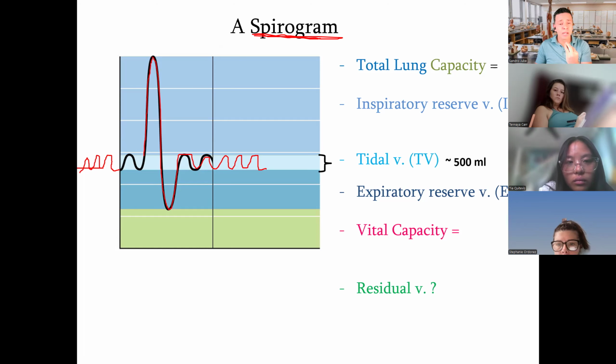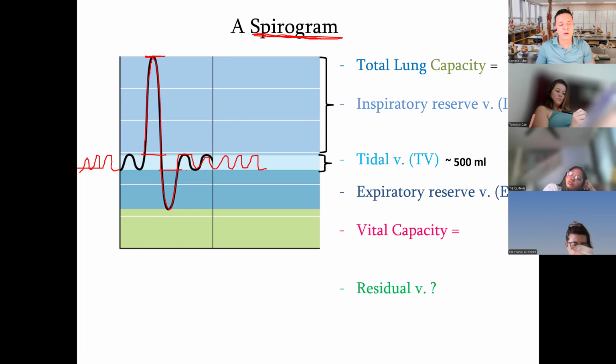When we inhale as hard as we can, we are going to have what we call the IRV, or the inspiratory reserve volume. So this value right here, which is the maximum amount of air that we can take inside of our lungs when we inhale as hard as we can. Then when we exhale as hard as we can, we go.